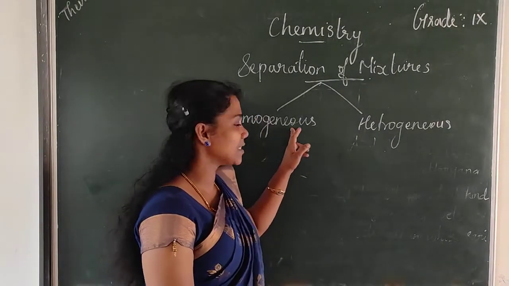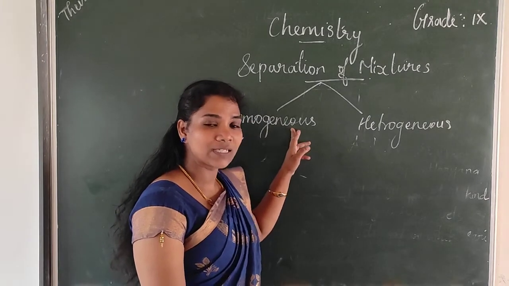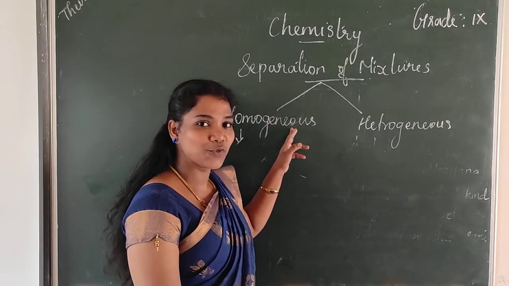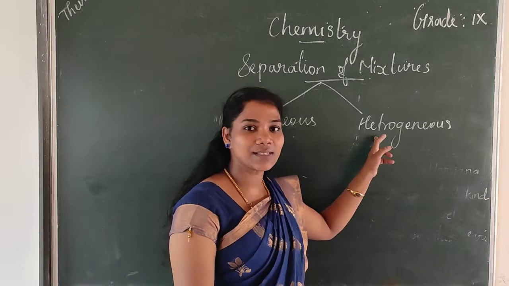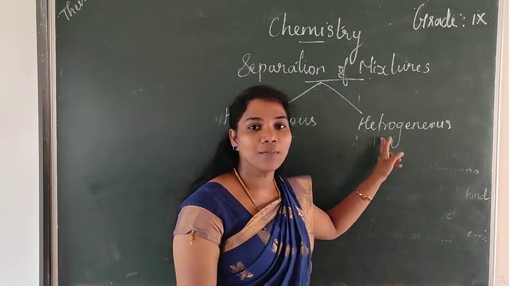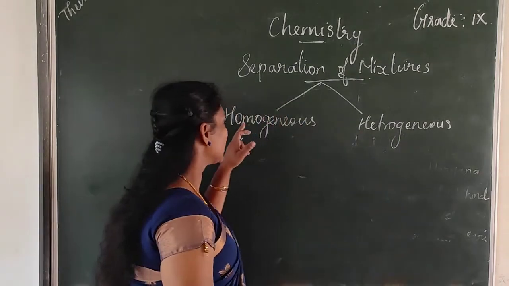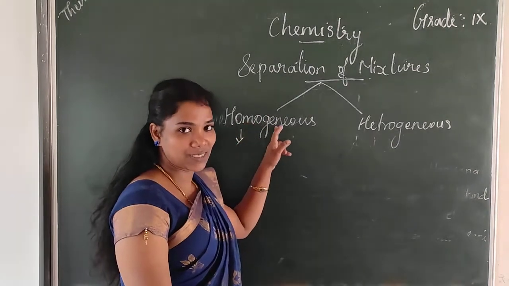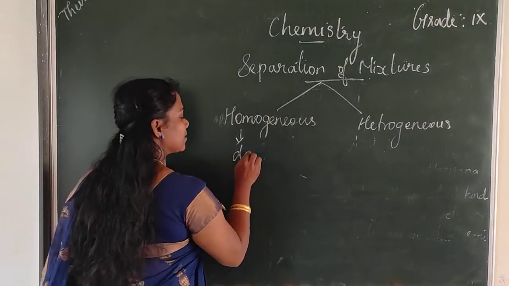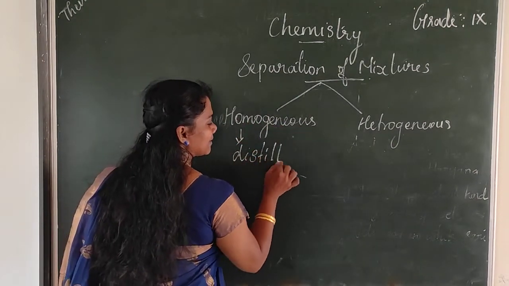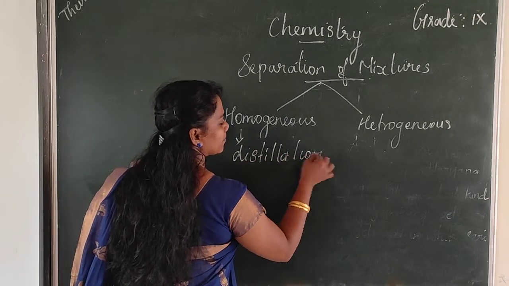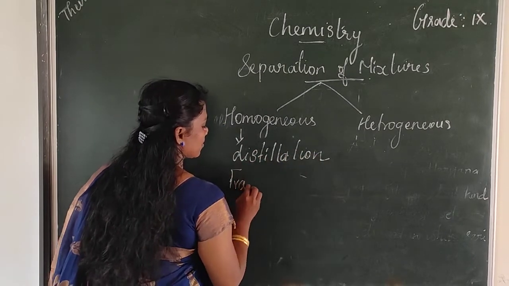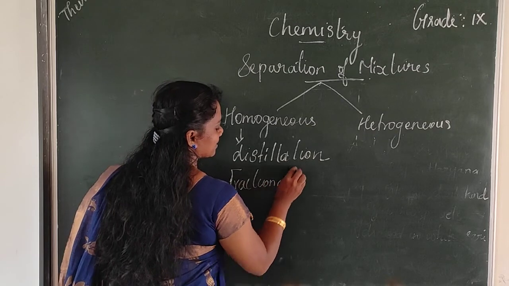What is a homogeneous mixture? It has uniform distribution. Heterogeneous does not have uniform distribution, isn't it? So the techniques employed for homogeneous mixtures are, the first one, distillation. Distillation process can be employed. Fractional distillation is there.